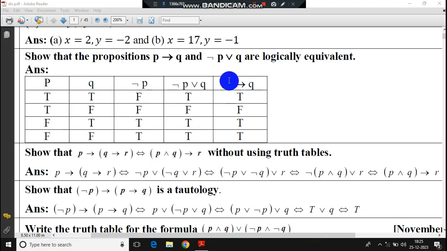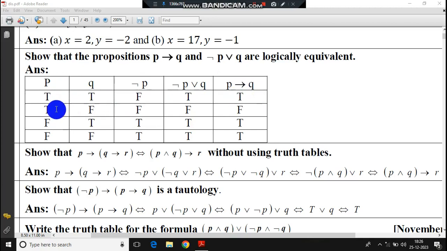Now let us find the formula for if P then Q. This particular symbol, or operation, or we say connective, has some formulas. If P is true and Q is true, then P implies Q is true.